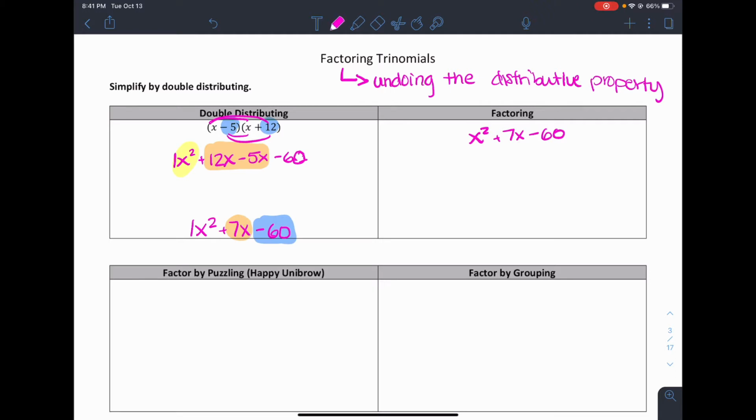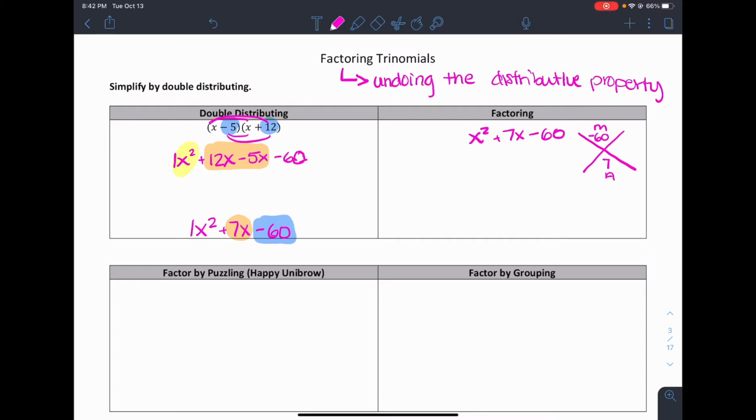So when I look at this, you might set up an x like this. I've seen a lot of people do this. And you might say negative 60 and positive 7. I need two numbers that multiply to negative 60 and add to positive 7. Some people will call this the x, a diamond, whatever you want to call it. Just make sure it works for you.